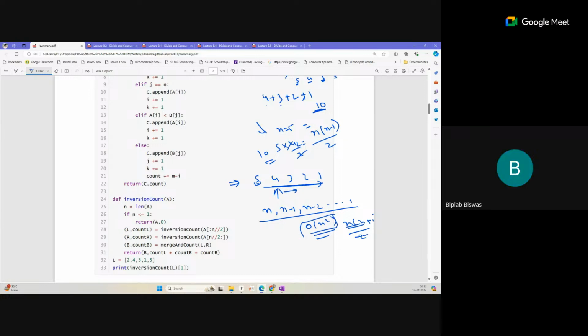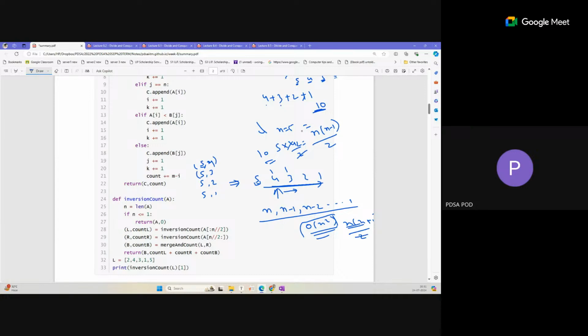So how did we get 10 here? Note down the inversion pairs with respect to 5. Values which come after it and are smaller will be considered one inversion pair. So 5 comma 4, 5 comma 3, 5 comma 2, 5 comma 1.